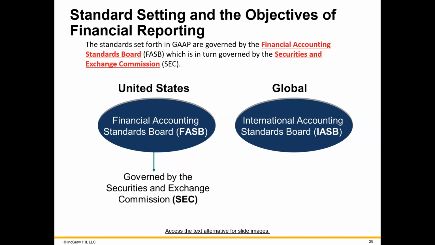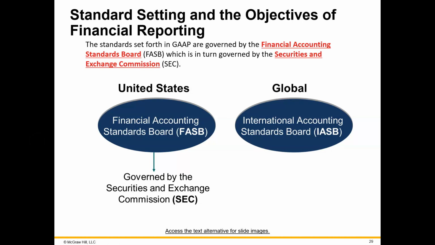And then in 1934, they needed to go a step further, and so they created the Securities and Exchange Commission, and they gave the SEC authority to set the standards. Well, the SEC decided that they wanted to allow another governing board to set those standards, and so they have given the FASB the power to set those standards, right? So that's the way the flow of that works.